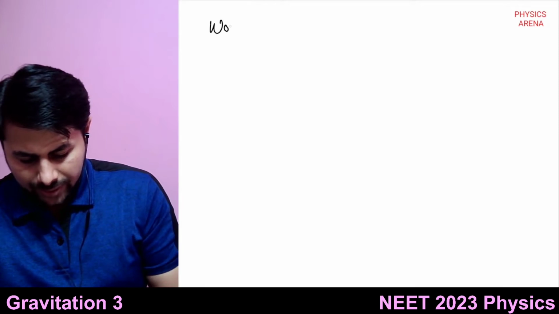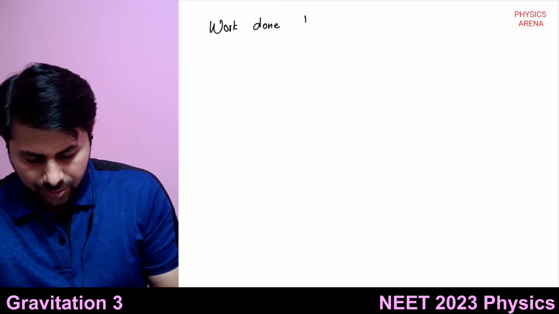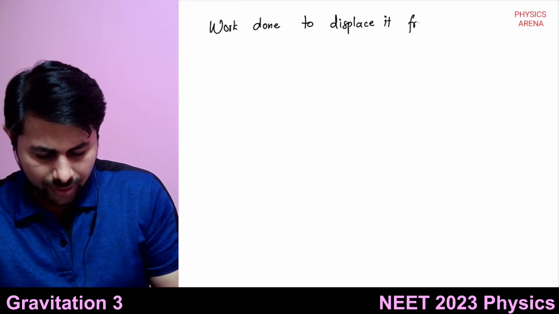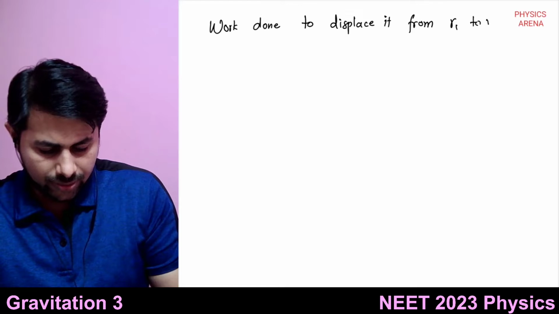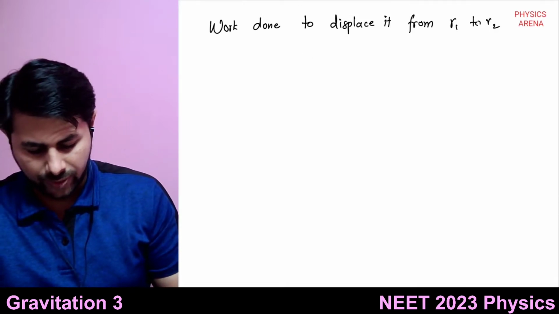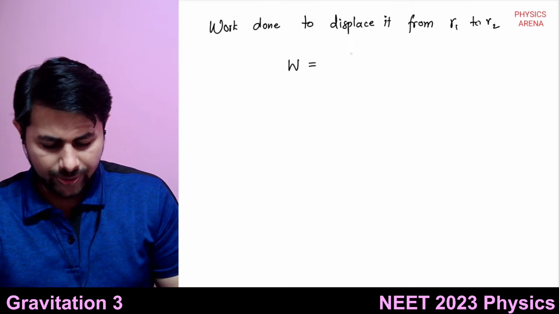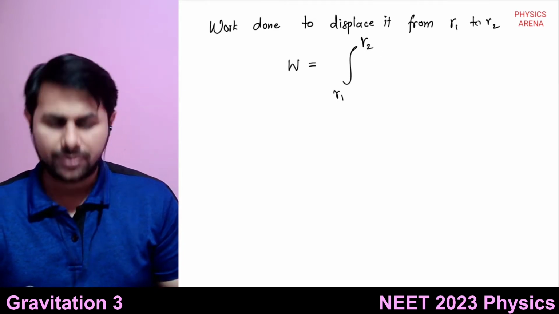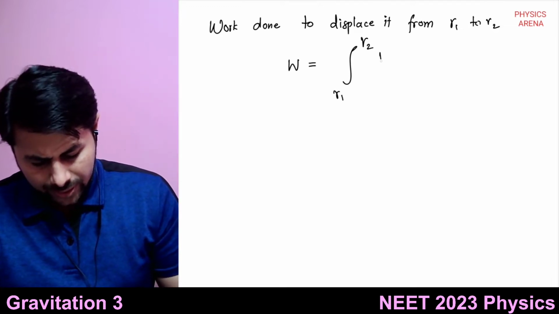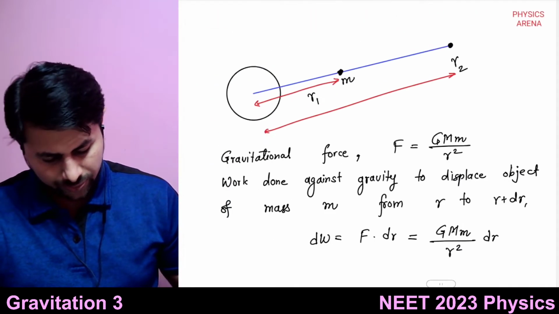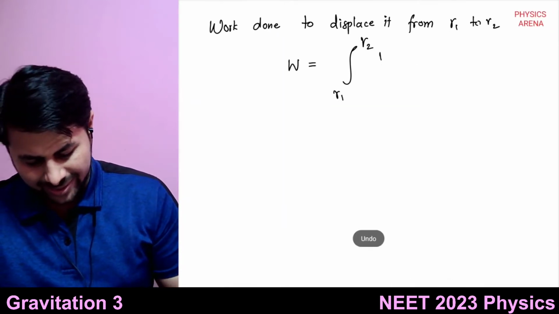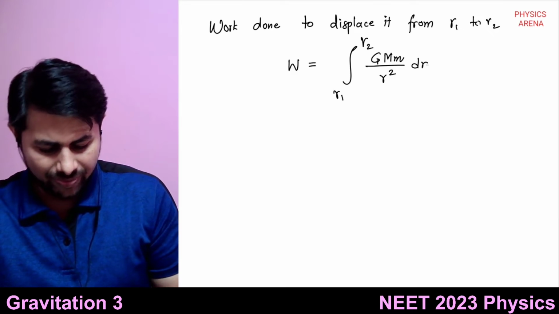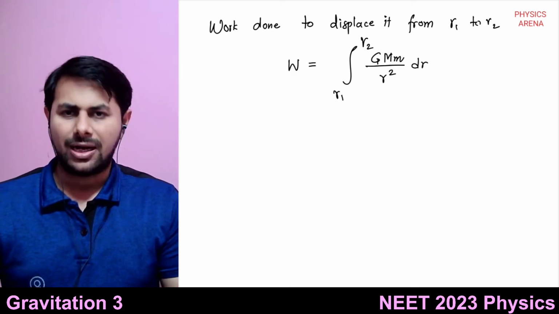So the work done to displace it from r1 to r2 will be equal to, what will be the work done? Integral of this F dot dr from r1 to r2. So it is the integral of G times M into m upon r square dr, from r1 to r2.